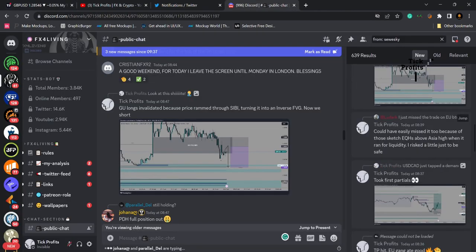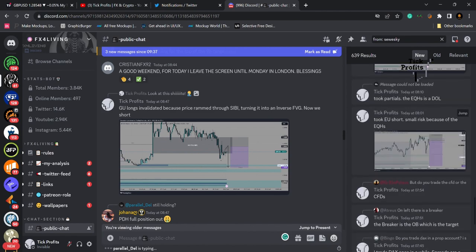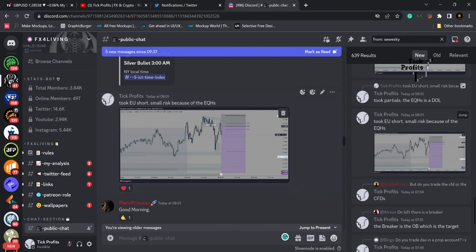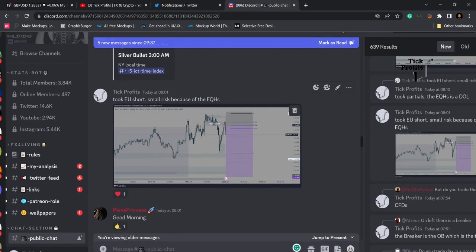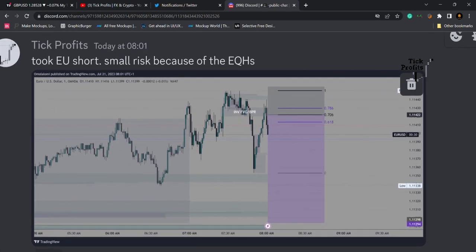Now going to the Euro USD. This is the short we took for Euro USD. We can see that price took the Asia high and displaced immediately during the London Open.